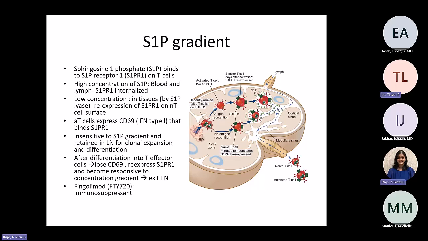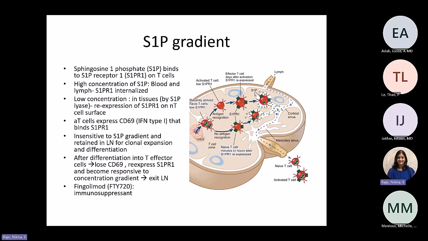Okay. So any cell that has S1PR1 on it is going to be able to bind to S1P, right? And so wherever there is S1P, basically the T cells are going to stay there because the receptor is binding to that S1P.